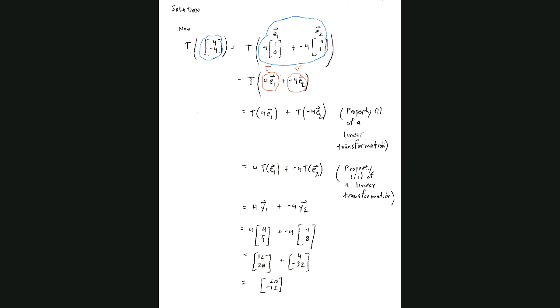What's the transformation of u plus v? Can we rewrite that, given that T is a linear transformation? That's right, Binyam. Very good. The transformation of u plus the transformation of v. That's by the first property of a linear transformation.